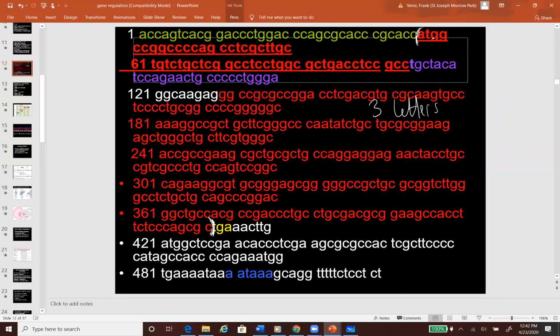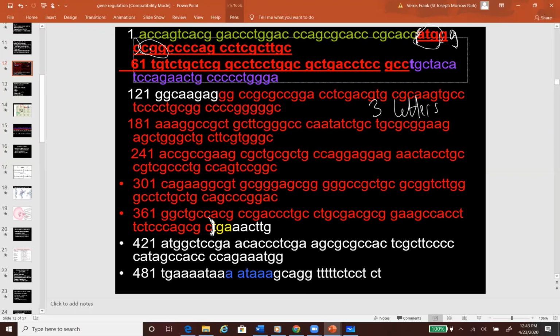So imagine an insertion right here. Imagine the letter G was inserted right there. So your first amino acid, ATG, is fine. But now everything after that point is affected. Everything. So now the next codon, it was GCC, but now it's GGC. And the next codon was supposed to be GGC, but now it's CGG.